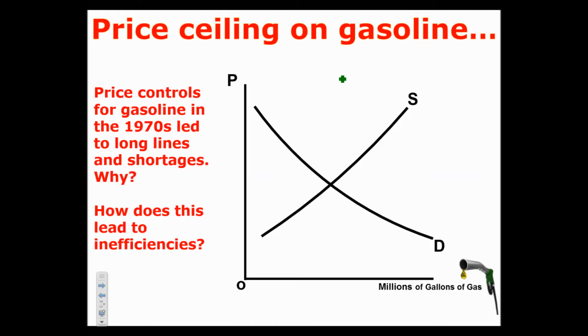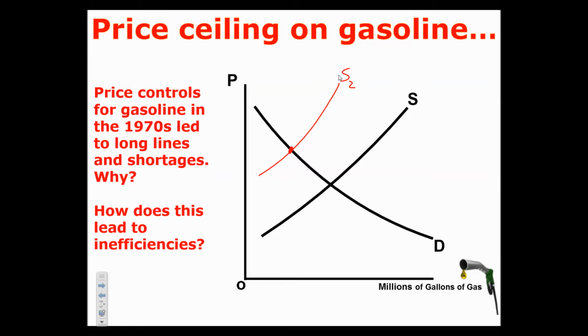So a little bit of history. In the 1970s, there was an issue with gasoline. In particular, the supply of oil was choked off by what we call the Arab oil embargo, and so prices, as a result of a decrease in supply, went way up.